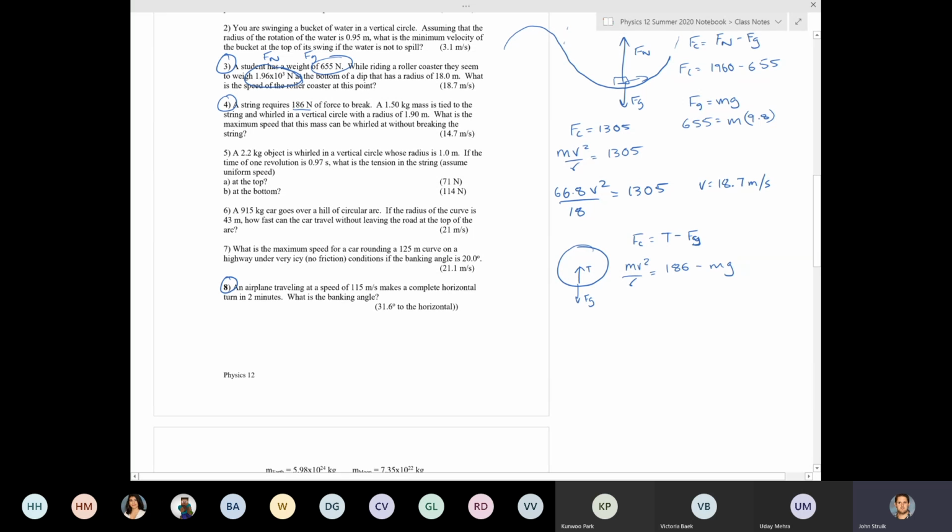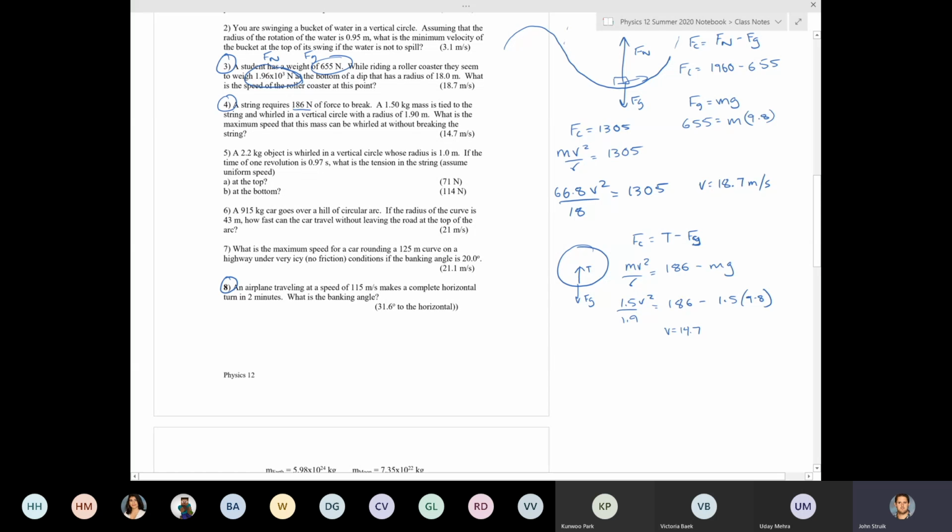So 1.5 v squared over 1.9 equals 186 minus 1.5 times 9.8. 186 minus 1.5 times 9.8 equals 171.3, times 1.9 divided by 1.5, and then square root equals 14.7.